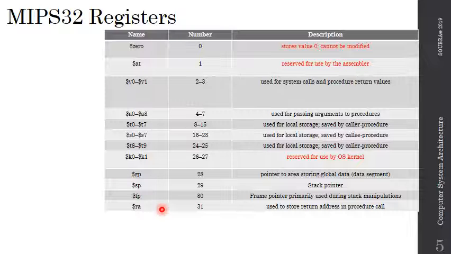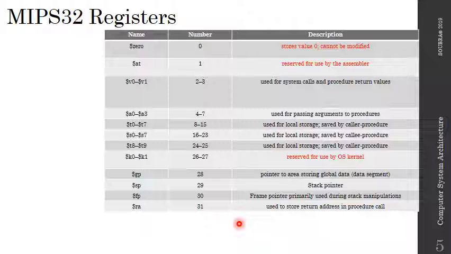Then per convention, theoretically and in practice as well, any register could be used to store anything. It's feasible, even in practice it's feasible. However, there's a convention saying that this register will be reserved for the assembler. Those registers should be used for return values, for instance, and those registers are arguments for functions. Those are temps. Some of them are saved, and then you have things that should be used by the kernel.